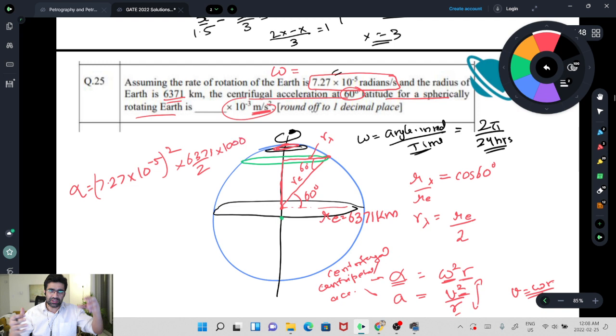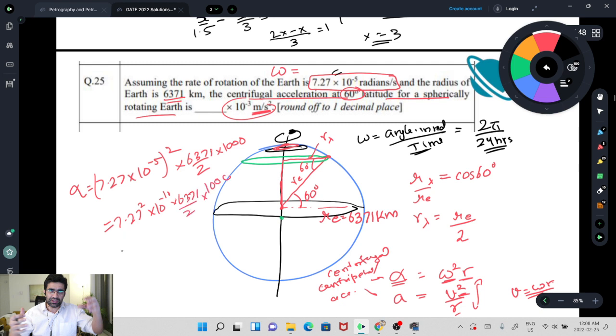So if you do this calculation, the exact answer will be 7.27 squared into 10 to power minus 10 into 6371 by 2 into 1000.